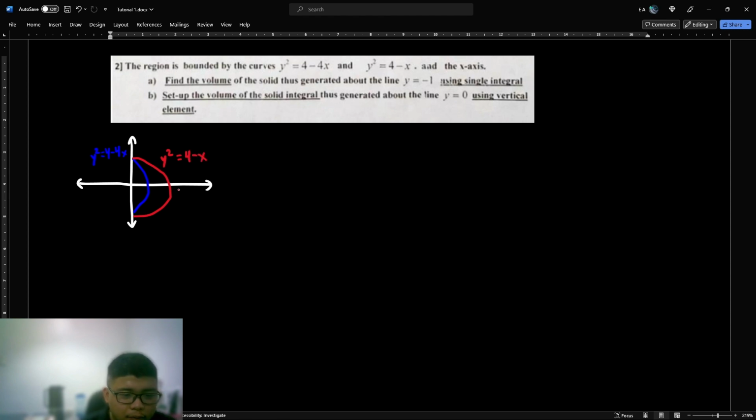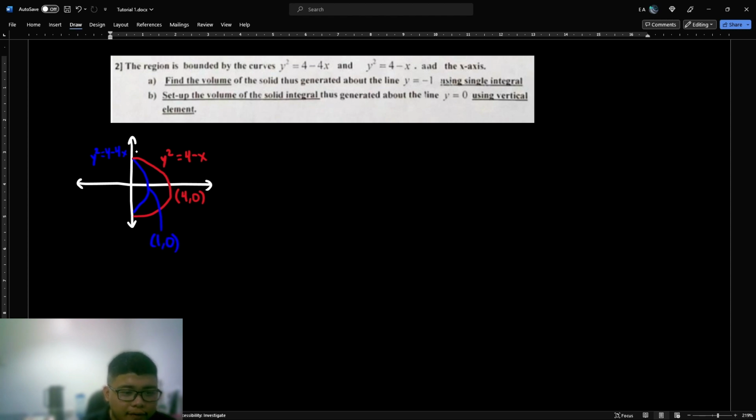As you can see here, we have the x-intercepts 4, 0, as well as 1, 0. Let's place that in a better position. 1, 0. There you go.